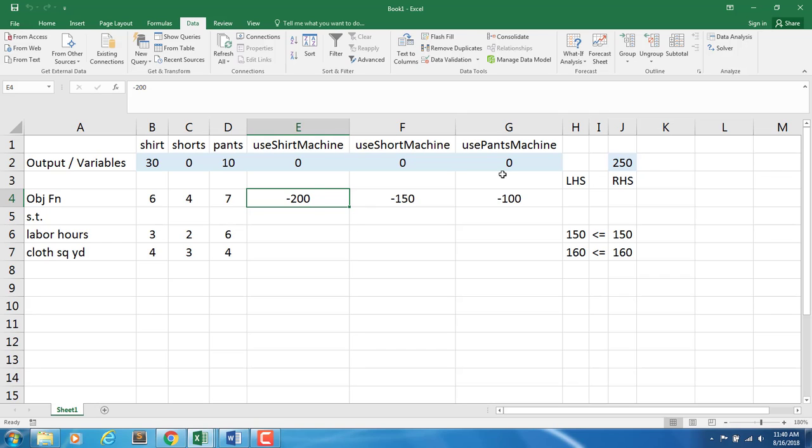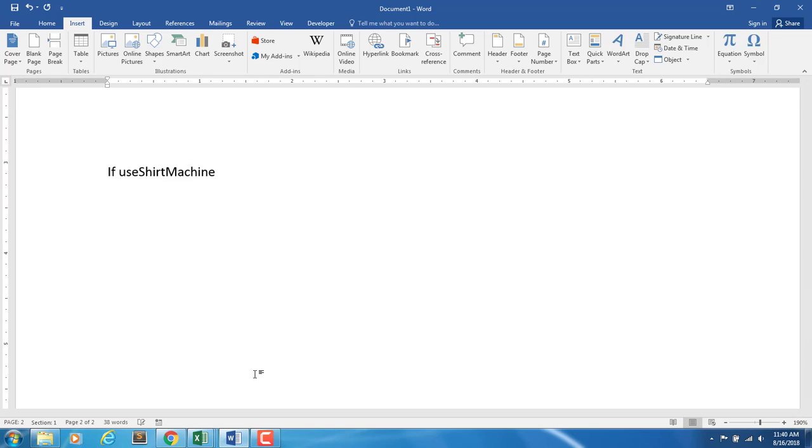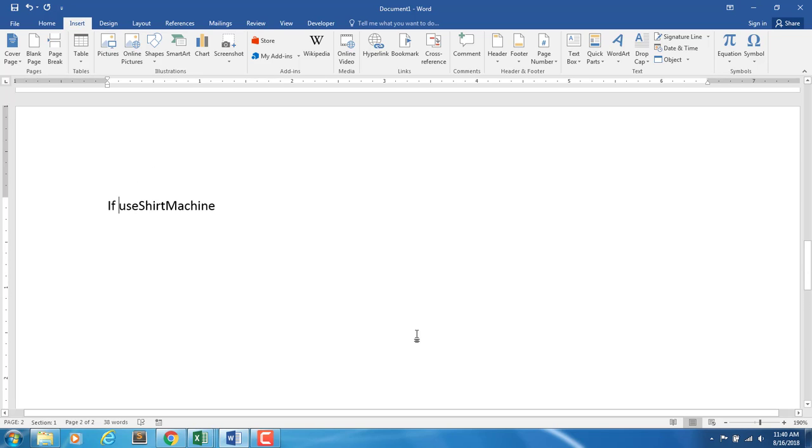So we have to do what we did before, which was: if I use the shirt machine, then I can produce up to so many shirts. Otherwise, I can't produce any. So if use shirt machine equals 1, then I can produce up to something.